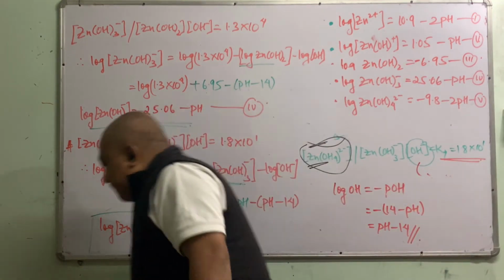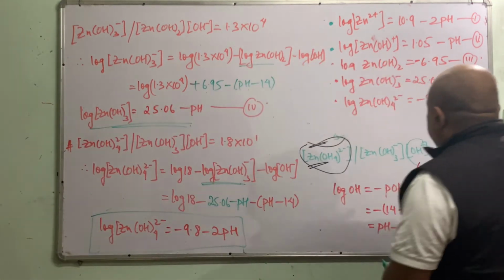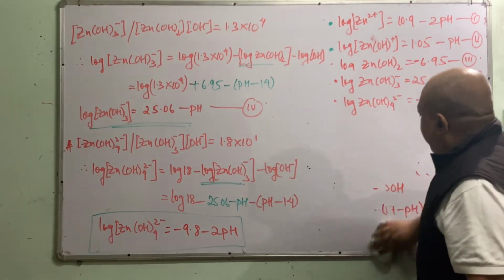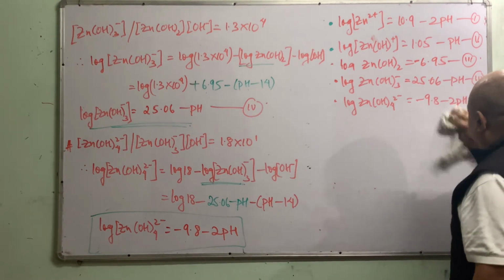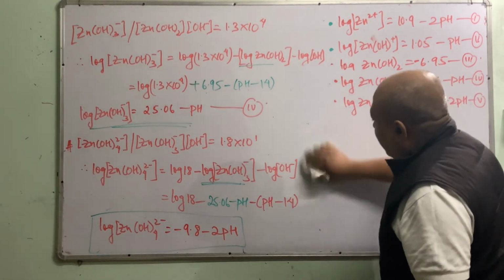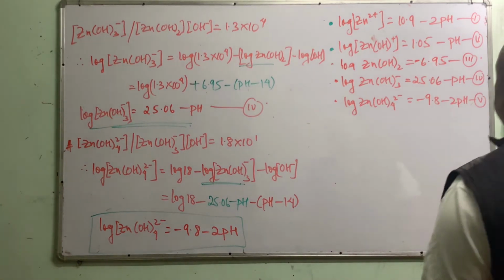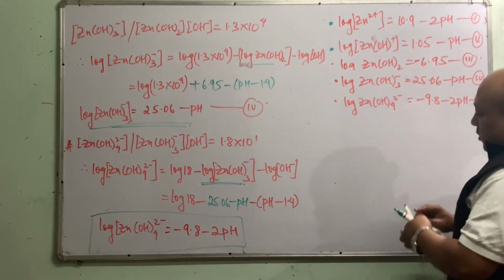Okay. So here almost all the calculation is over, and it's very funny to say that 50% of the calculation is over. Is it okay? So we have estimated all the K1, K2, K3, K4, K5, and from these equations we have estimated all the different species of the zinc. So look here.